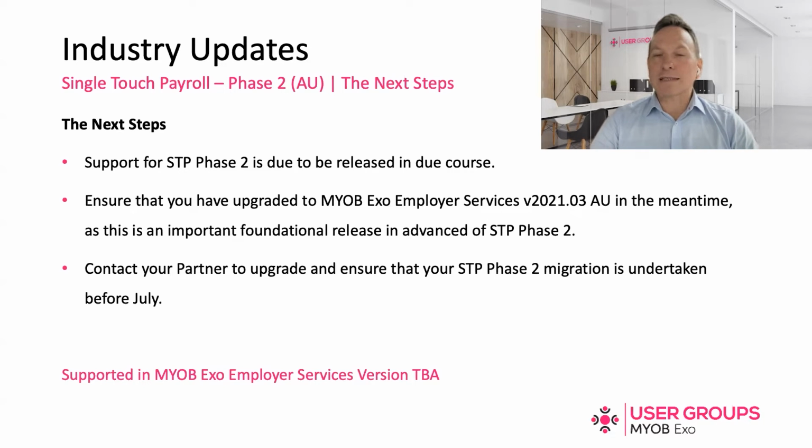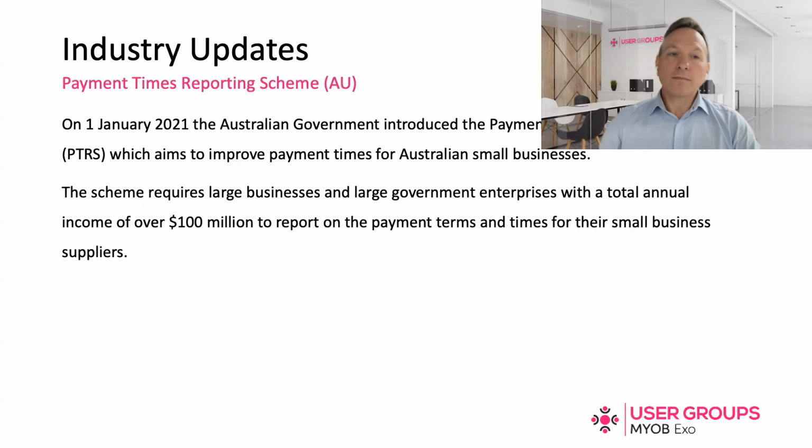That just sets a new baseline in terms of the certificates used to work with the ATO. So it's important to have that upgrade done in advance of your STP upgrade itself. And of course, contact your partner to ensure that you've undertaken that upgrade, and if you need any assistance with those transition steps before you actually cut across to STP Phase 2.